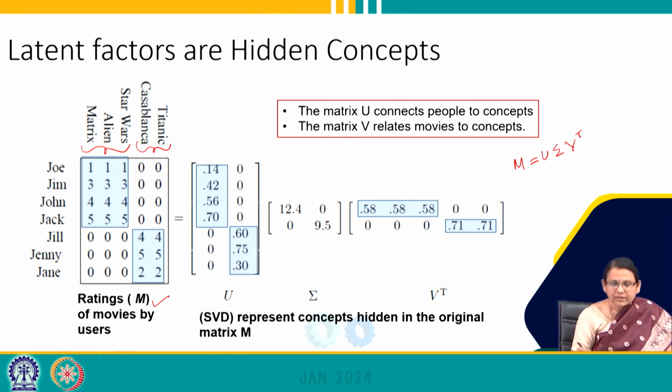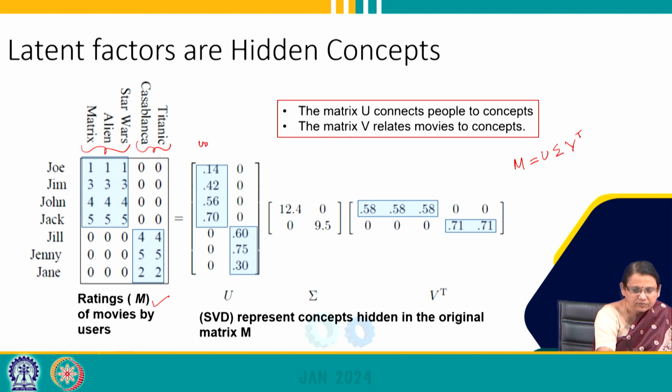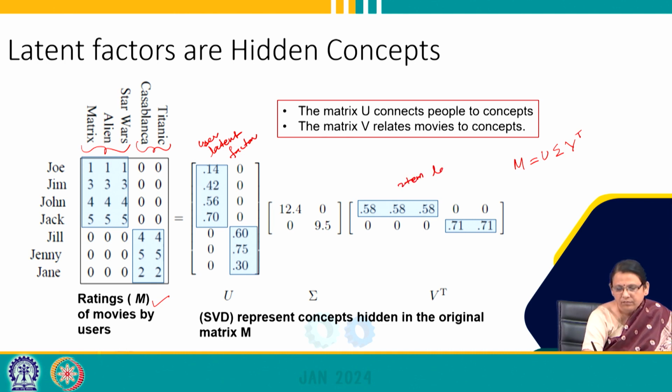What is U? U is the user latent factor, and V is the item latent factors. So, these are basically the item features.